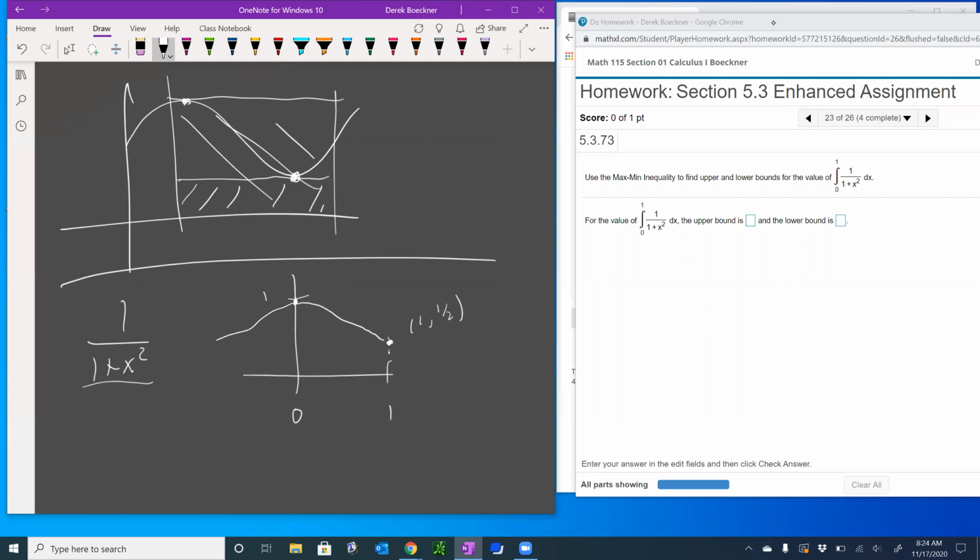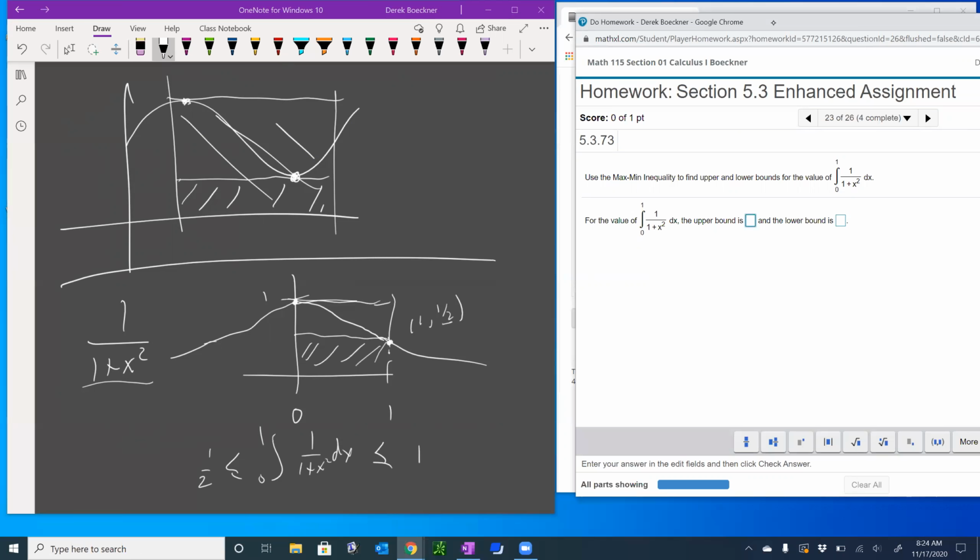So this function kind of looks like this. And so the minimum value that I would get is 1/2, so the area is at least 1/2. And it's at most 1, because my maximum value is 1. This rectangle would have an area of 1. So upper bound 1, lower bound 1/2.